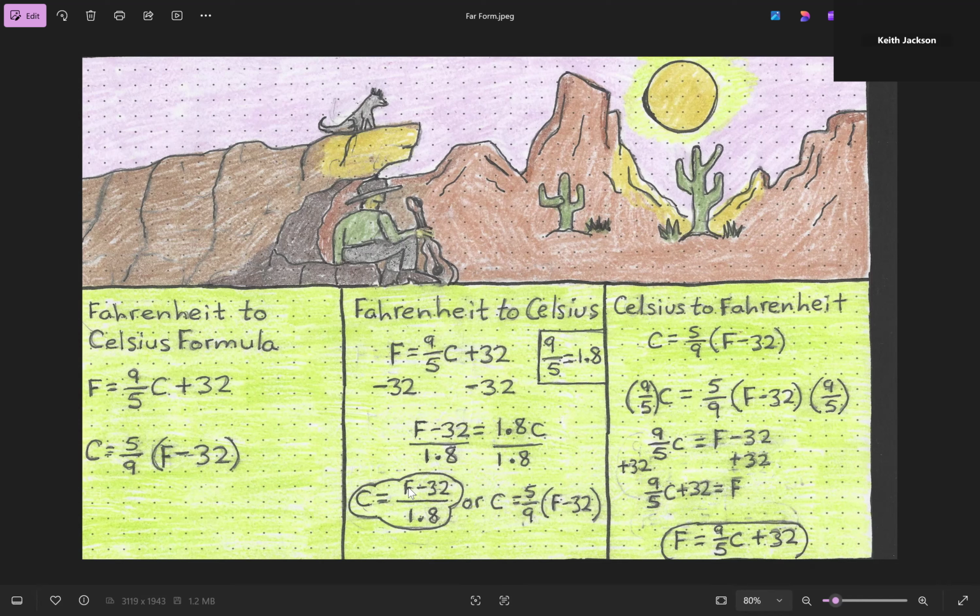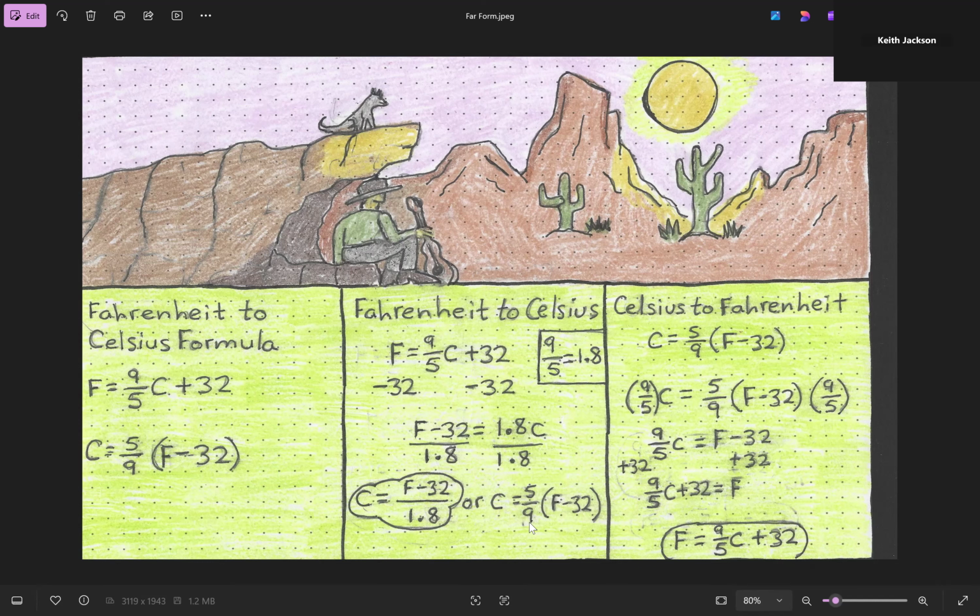Okay, we can write it this way, or we can convert it back to the fraction that you see right here, in that we have C now is equal to 5/9 times the quantity of Fahrenheit minus 32. Okay, so if you divide by the decimal, you're actually multiplying by the reciprocal of the fraction that you see right here. And so this is how we have our Celsius formula.